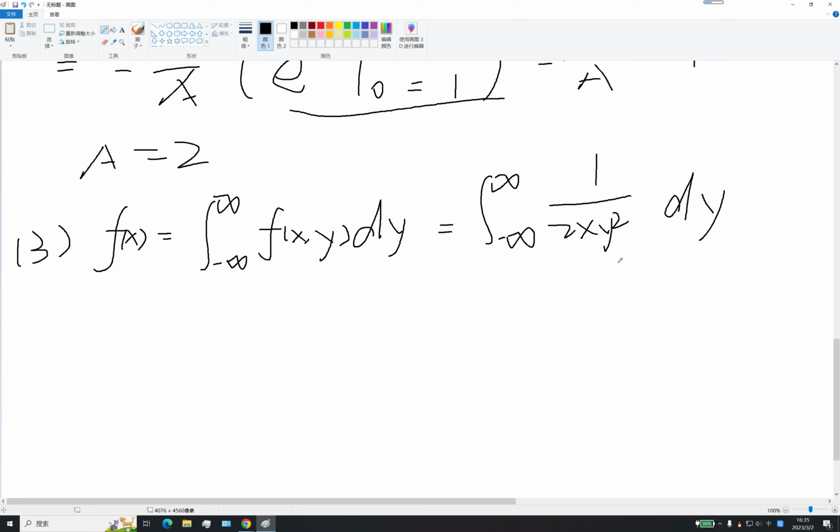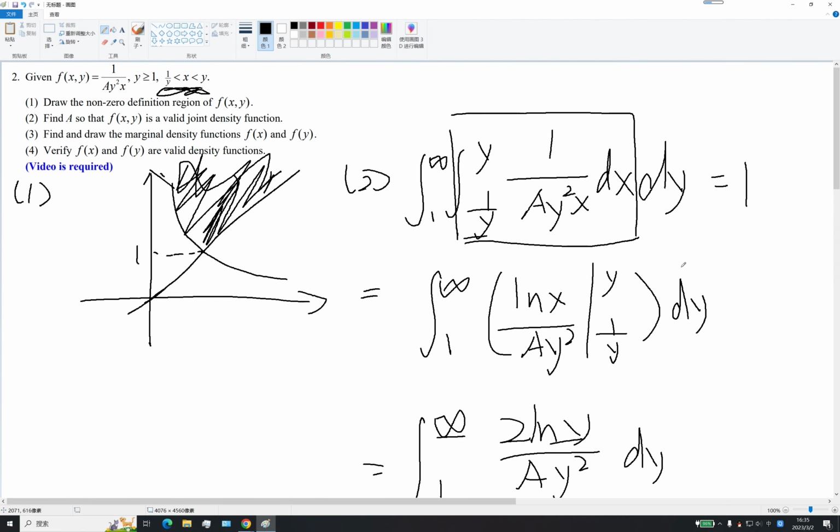To calculate this, we should split the graph into two parts. The first part is x larger than 0 and smaller than 1. So this is the first area. And the second area is the red area, x from y equals x.